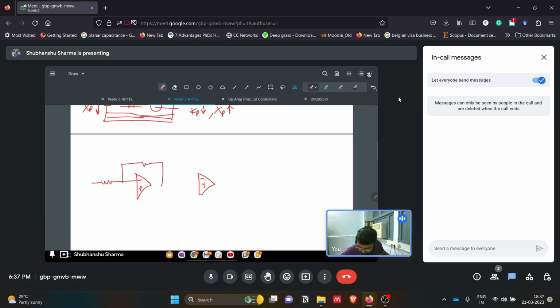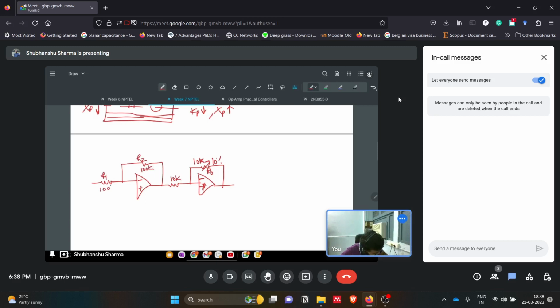We have one inverting gain amplifier, then again an inverting gain amplifier. This resistor can be varied. We have kept this 10K, this is R2. This is 100K, this is R1.